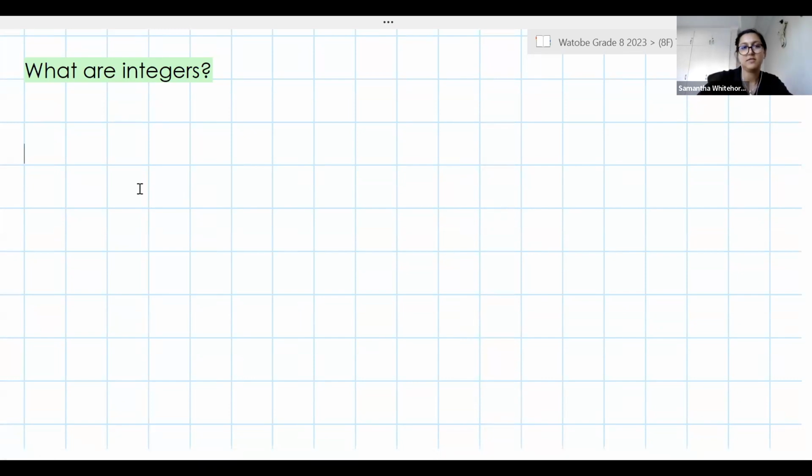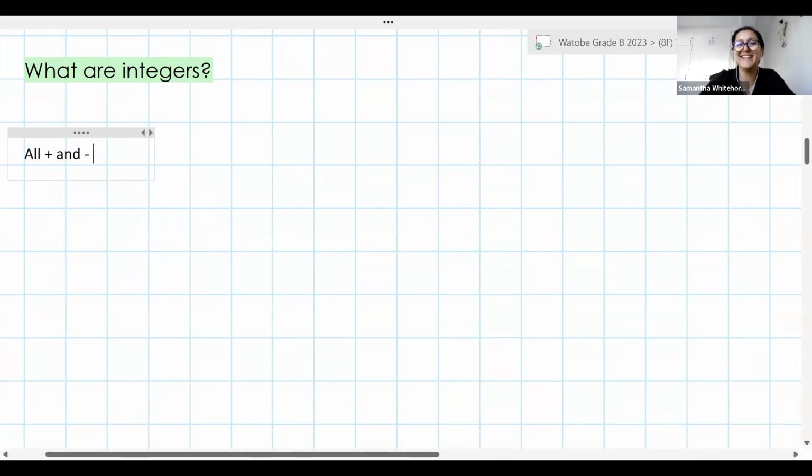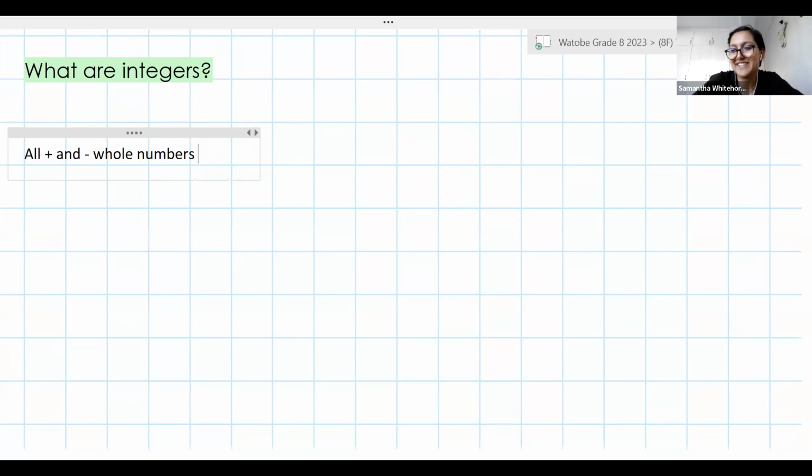The negative numbers are the additive inverse of the corresponding positive numbers in the language of mathematics. That's very fancy wording. Yes, well done.